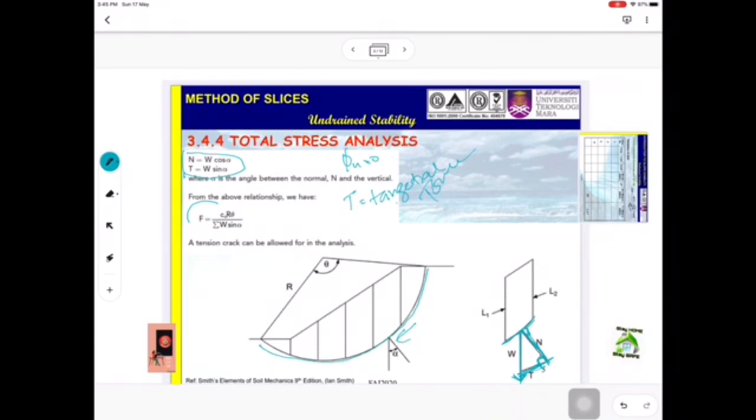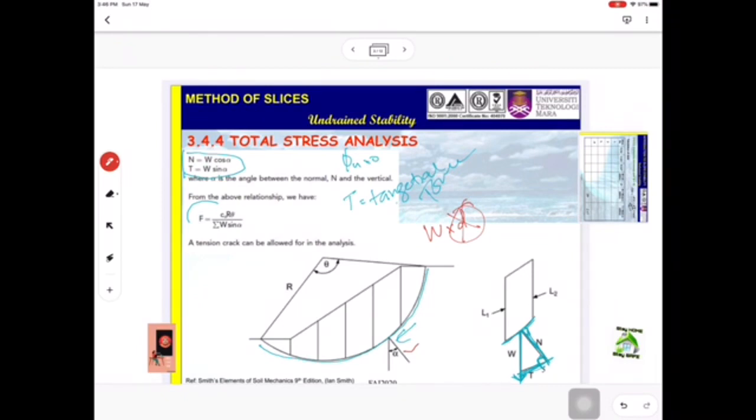So you have to use this equation. The difference between this method with the previous ones, that you have to determine alpha instead of D, right? Because the previous one you use W times D, right? But this time we are not using D, but we have to look for alpha.